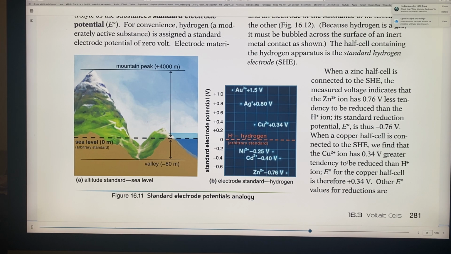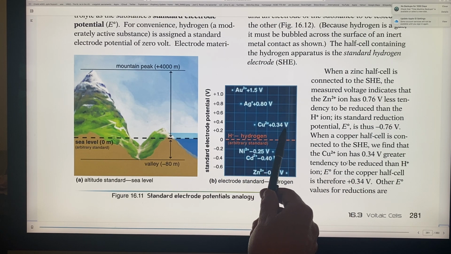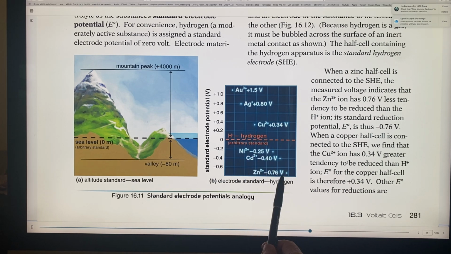Zinc is going to be a negative 0.76, and then copper is going to be up here, a plus 0.34 volts. So we're measuring in volts, and that's going to be positive. And these are going to be the E degree values, measured by the SHE.